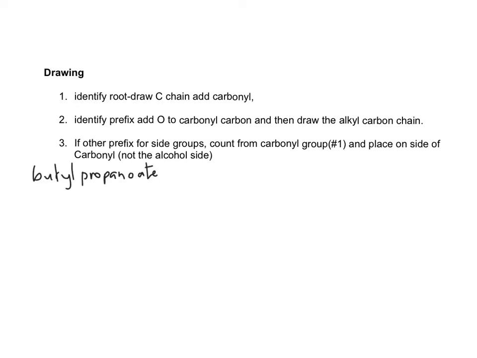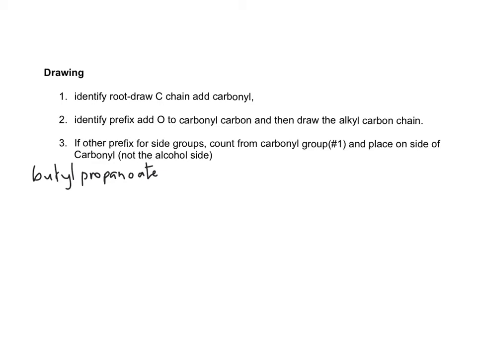So butyl propanoate. We're told that the alcohol was 4 carbons long, so you've got an O, single bonded to 4 carbons. And then propanoate tells us that the acid was propanoic acid, so the carbonyl group was on a chain of 3 carbons.